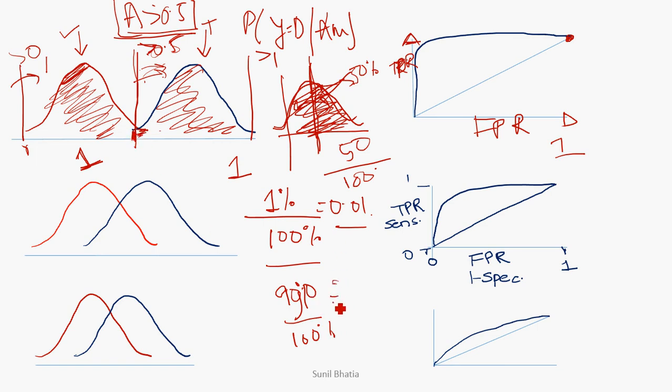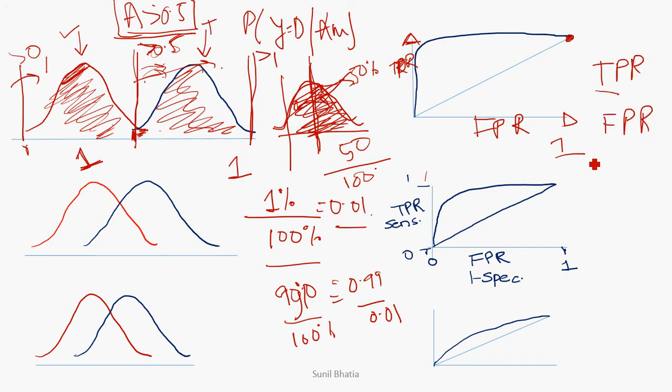So what we are going to have is 0.99 and 0.01. So we'll plot some 0.99 and 0.01 on the curve, and as we move towards this side, we'll have the blue curve on the right hand side divided by the entire blue curve. So in this way we are going to plot the TPR and FPR.